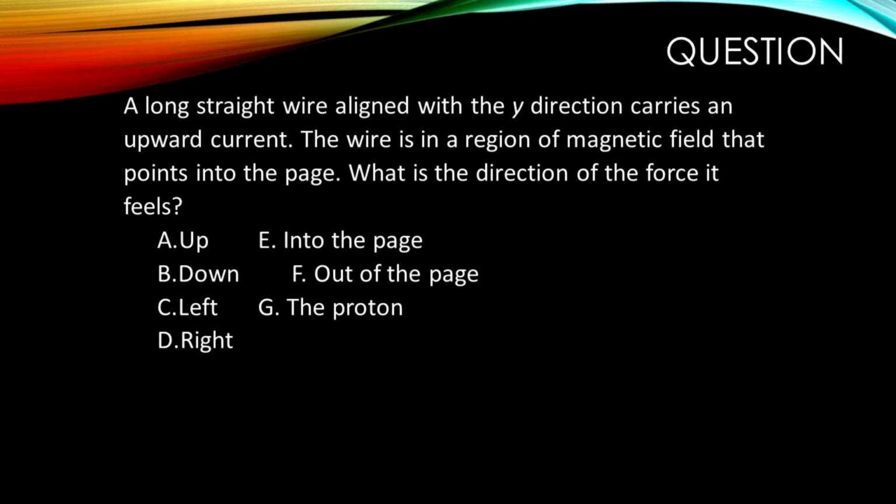This one says that we have some wire that's aligned with the y direction carrying an upward current, and the wire is in a region of magnetic field that points into the page. We want to find what the direction of the force is acting on this wire. And so follow the same process that we went through, only now, instead of thinking about your fingers as the direction of the velocity of the charge, we're going to say it's the direction of the current. Okay, so go ahead and talk about this one.